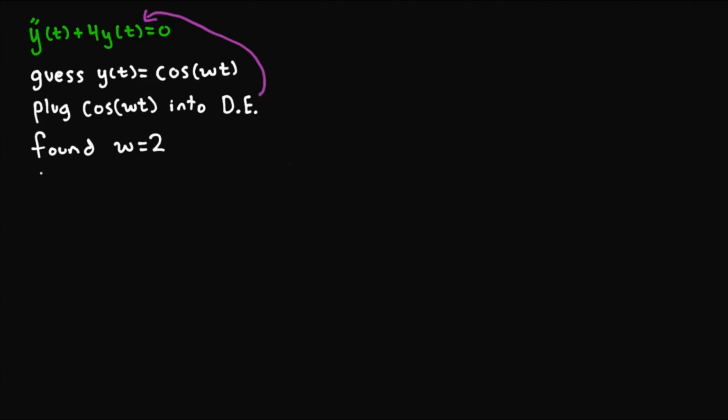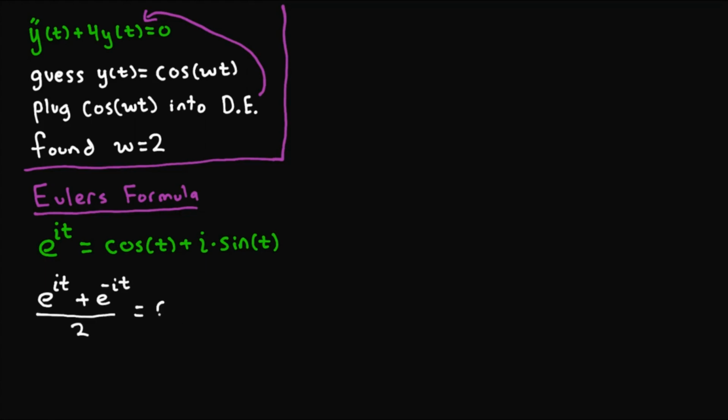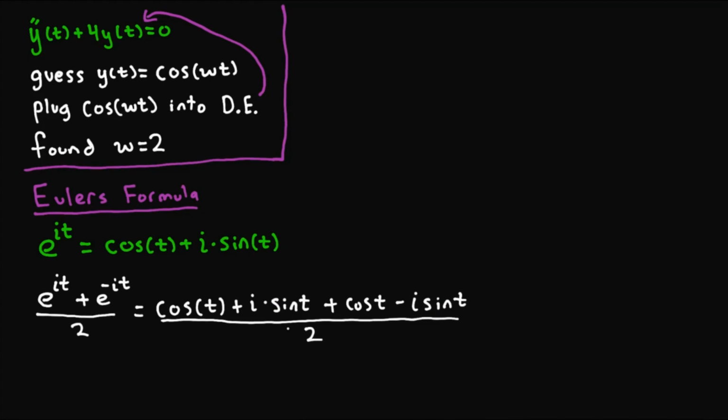To get to it, we need to make an observation about cosine and sine. Let's go back to Euler's formula, which tells us that e to the it is equal to cosine t plus i sine t. Now, doing some arithmetic, we can do e to the it plus e to the negative it over 2, and then computing some things out, canceling stuff, we end up getting that this is equal to cosine of t.